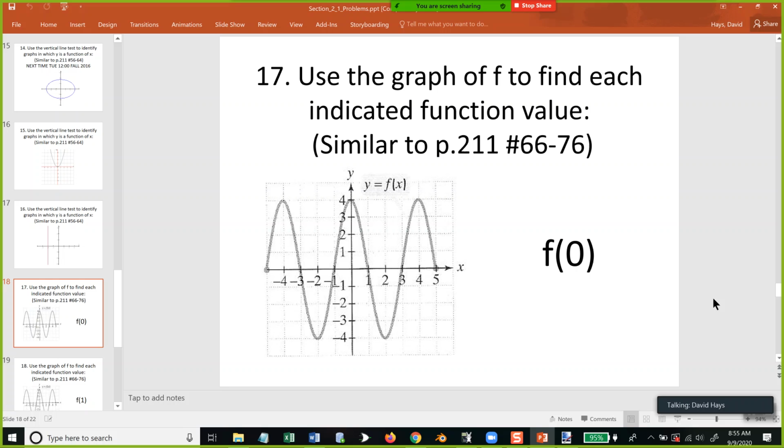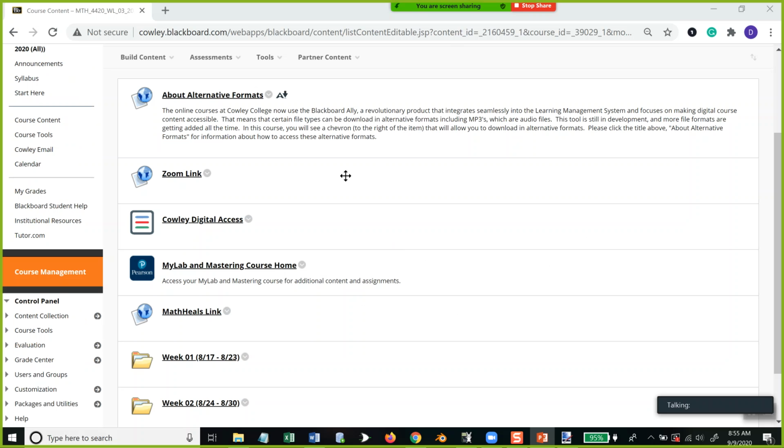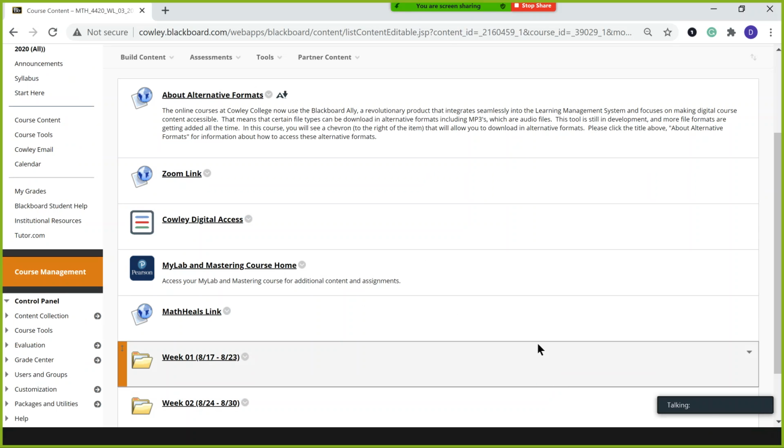So if I screw up the slideshow, when I do the slideshow, I usually screw up the sharing here. Let me try it. Oh, that's nice.